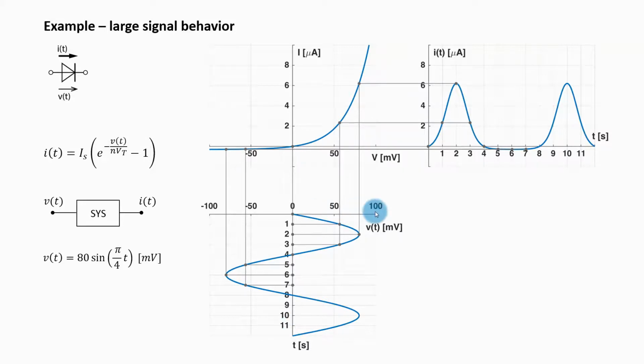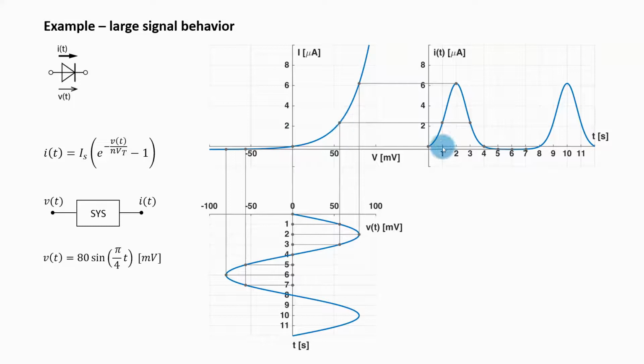Now I can go point by point and find the current through the diode for the voltages at various times. So for example, at time 0 I have 0 voltage, which will create 0 current. At time 1, I will have this voltage, which will create this current.